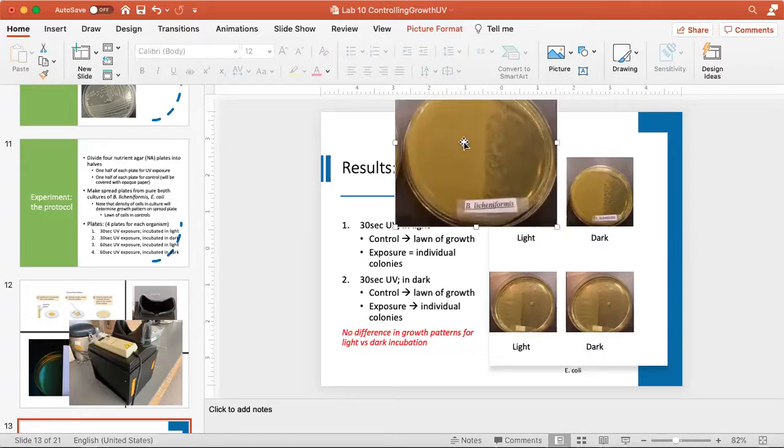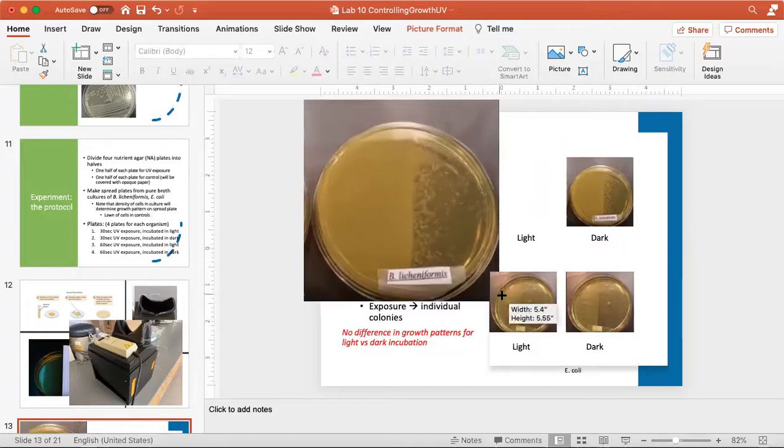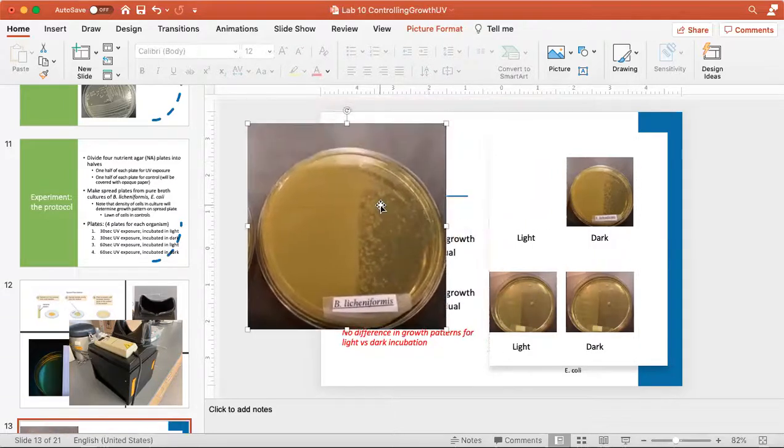This is one of the light incubation plates. This is the plate for Bacillus licheniformis. And wow, look at that plate. It's pretty remarkable, isn't it? This is the side of the plate that got covered with an index card.